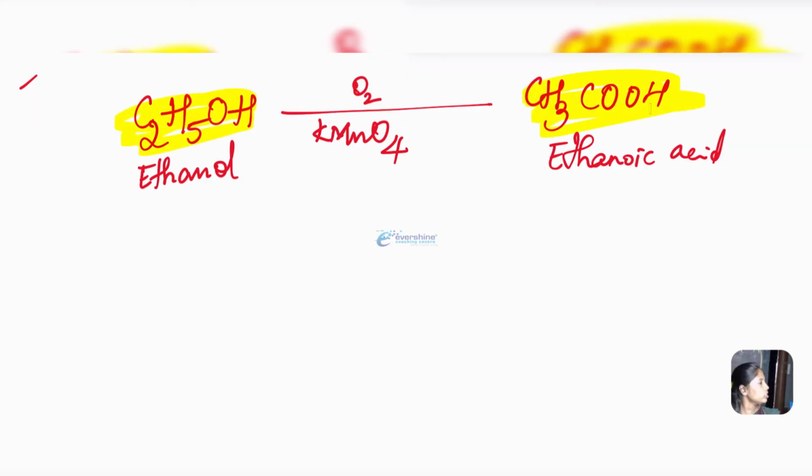By heating alcohol in the presence of potassium permanganate or potassium dichromate.